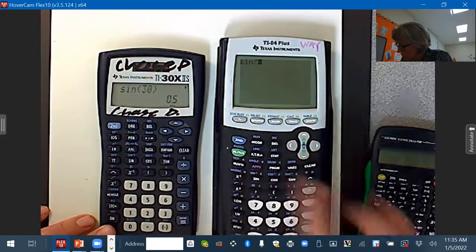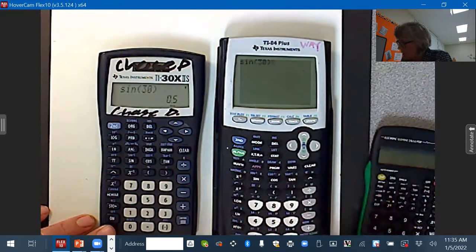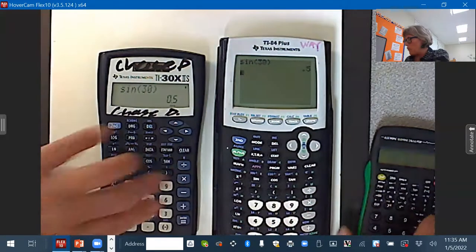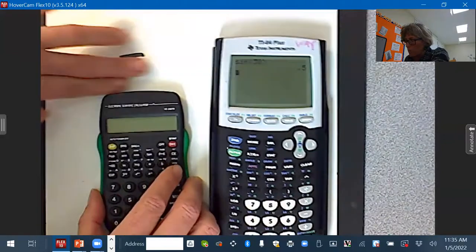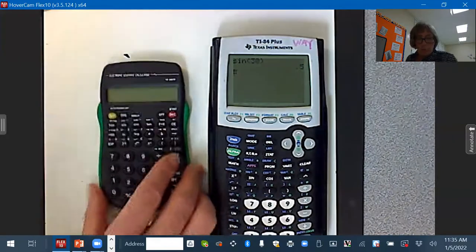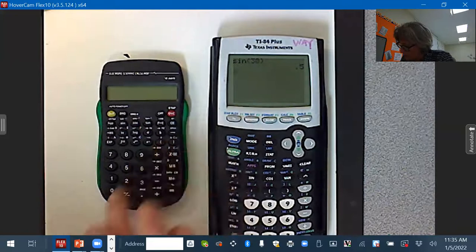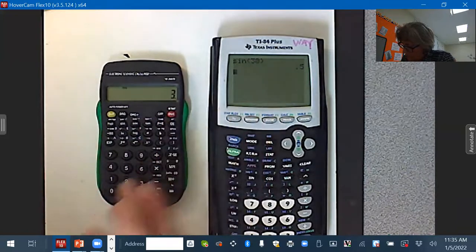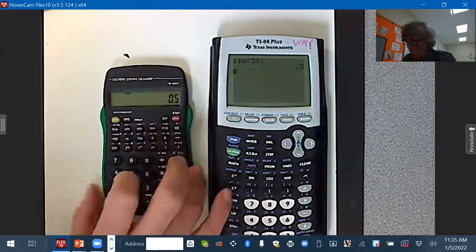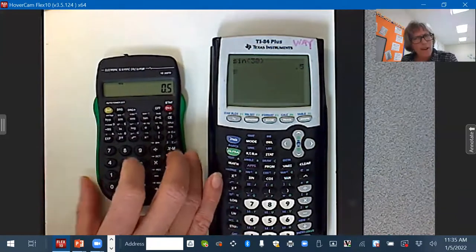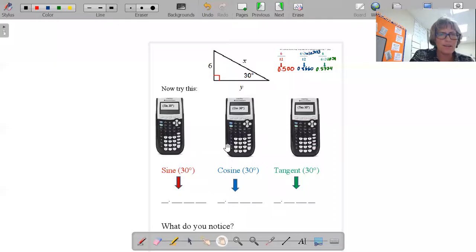Big calculator, sine 30, enter. Notice it's also 0.5. Some of your calculators are backwards, so you're going to go 30, sine. Notice it's 0.5. What's up with that? So in this case, the sine of 30 is 0.5.